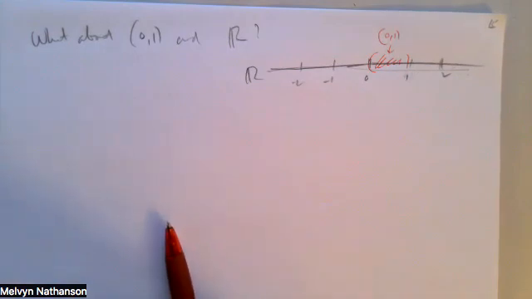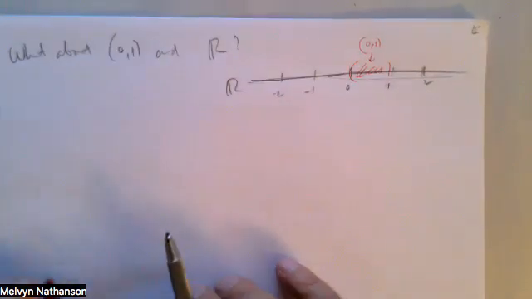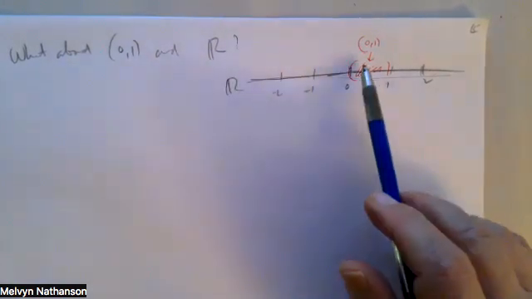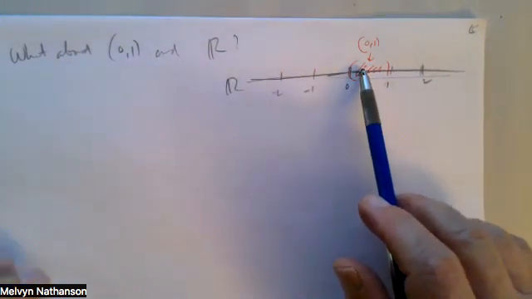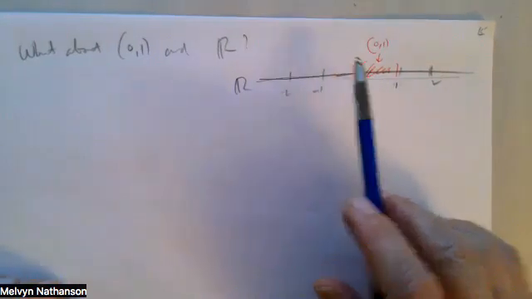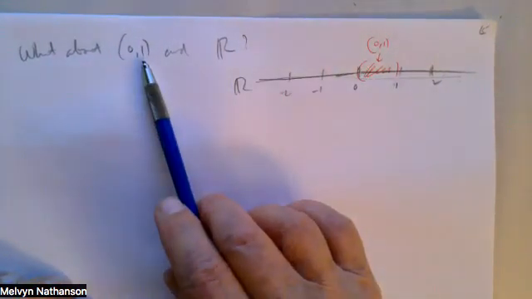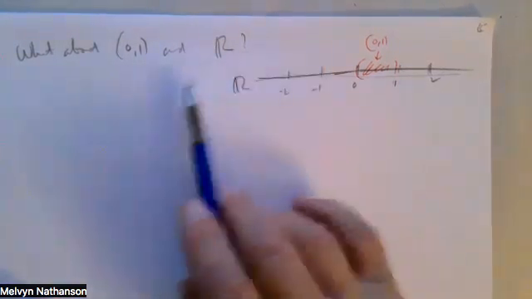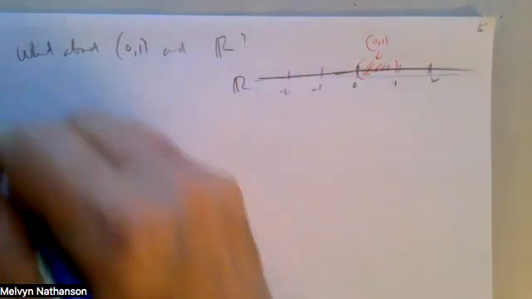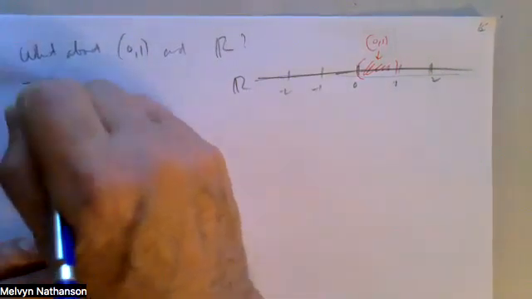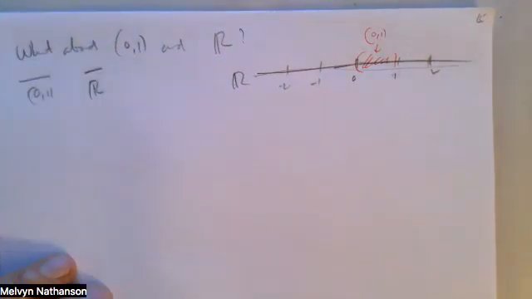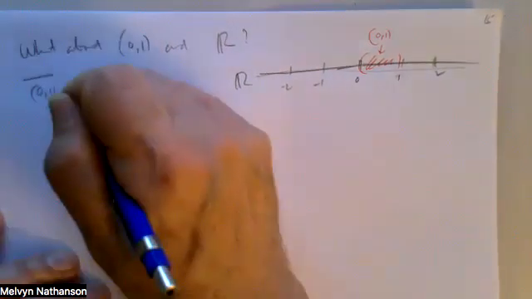How do those sets compare? Well, you might say there are more real numbers than there are real numbers between 0 and 1, and that's true, because the set from 0 to 1 is a proper subset of R, but in fact, these have the same number of elements. So the cardinality of the real numbers from 0 to 1 and the cardinality of the real numbers are equal.